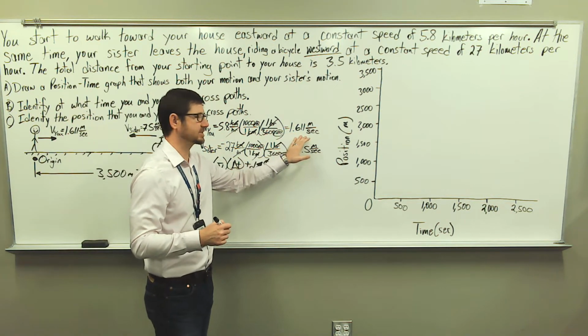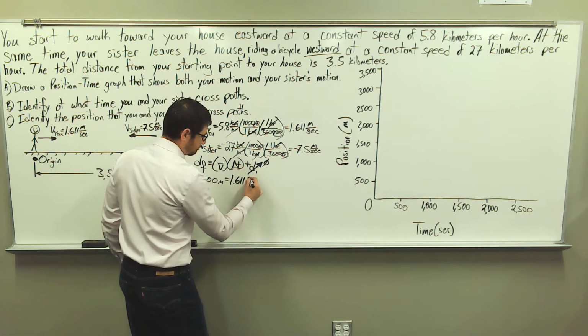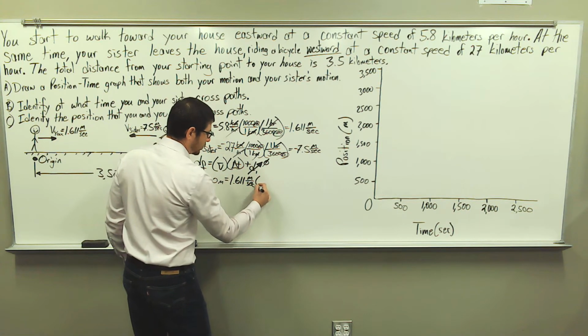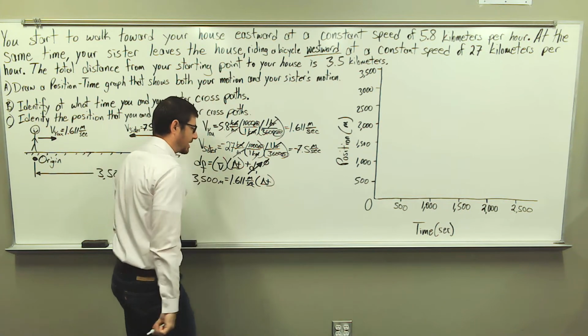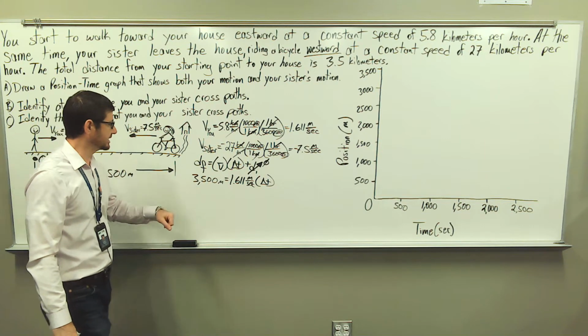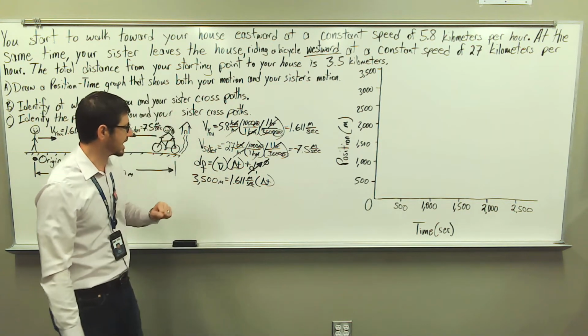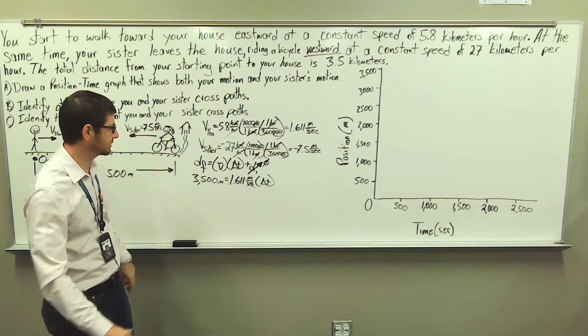Your average velocity is a positive 1.611 meters per second multiplied by the time required to travel the 3,500 meter distance. So to isolate delta t, what we're going to do is divide both sides by 1.611 meters per second.